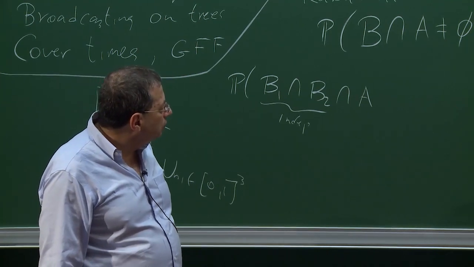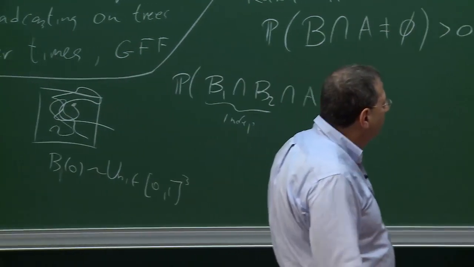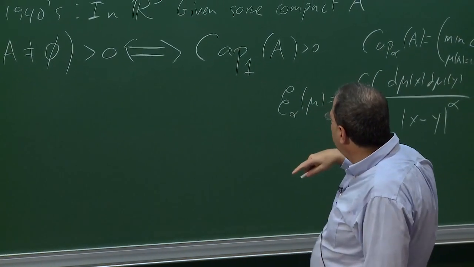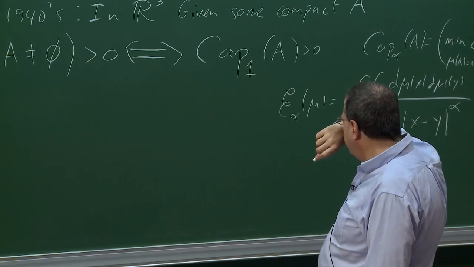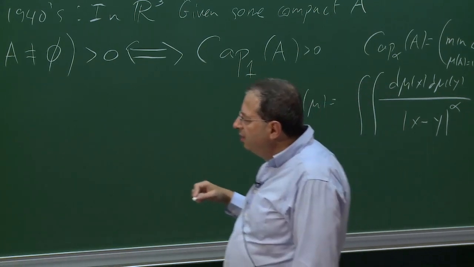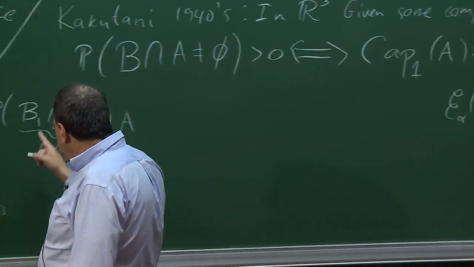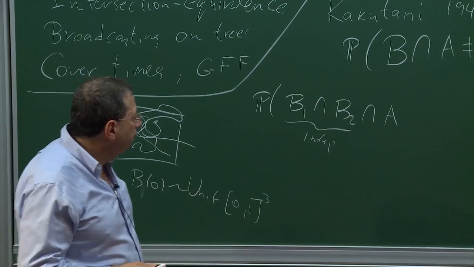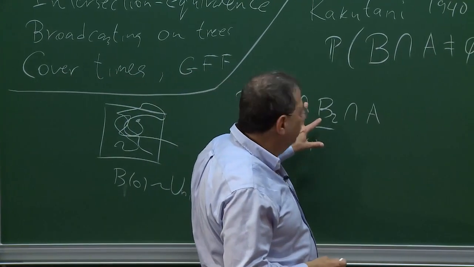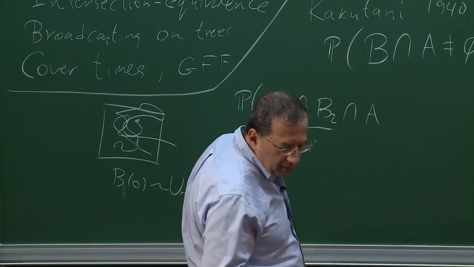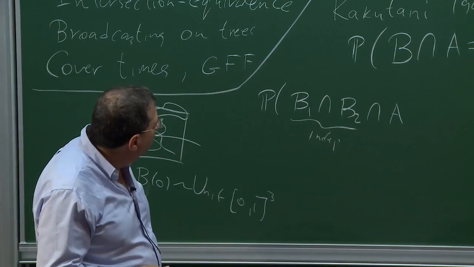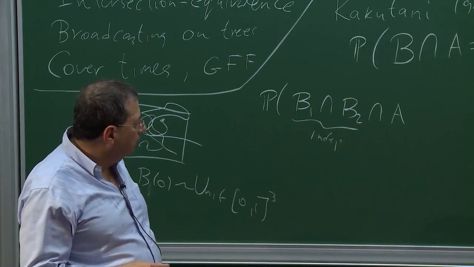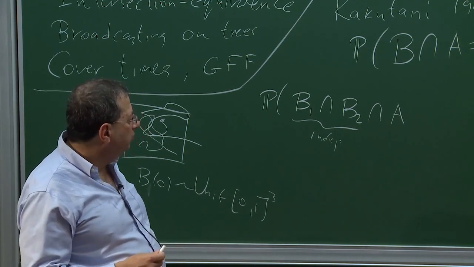So then the question is, if I intersect these two Brownian motions, we already know, and this is again a classical theorem of Dvoretzky-Erdős-Kakutani, that two Brownian motions in 3 dimensions will intersect with positive probability.